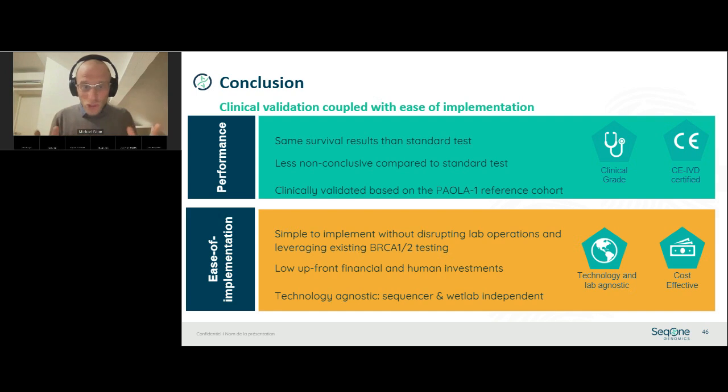It doesn't disrupt the current manner of doing BRCA1 and BRCA2 testing. And because there is no disruption, it can be implemented with a low upfront financial and human cost. And it's technology agnostic. It can be used with different sequencers and different wet labs. So I thank you for your attention, and I leave the stage to Ben, who is going to moderate the Q&A session. Thanks a lot for your attention.